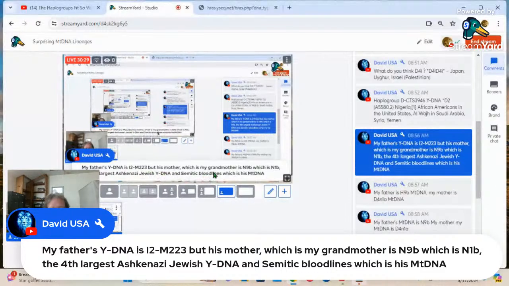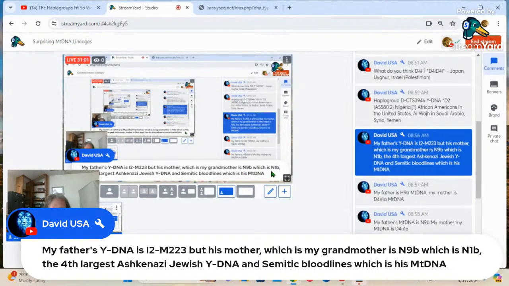But my mother, which is my grandmother's N9B, which is N1B, the fourth largest Ashkenaz Jewish Y DNA and Semitic bloodlines, which in his MtDNA, which is his MtDNA.